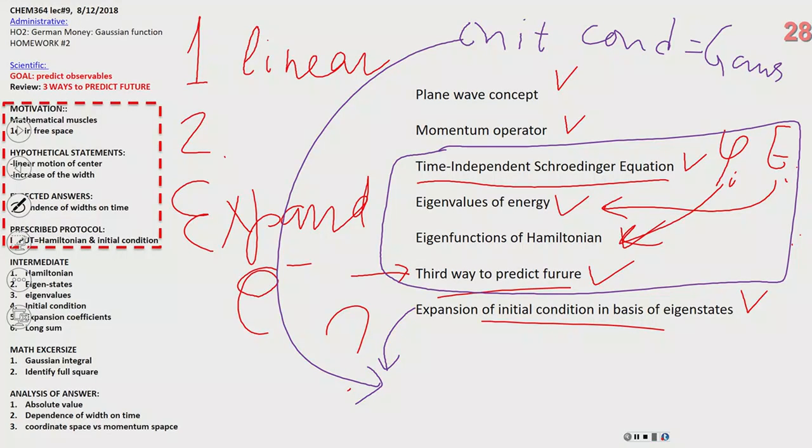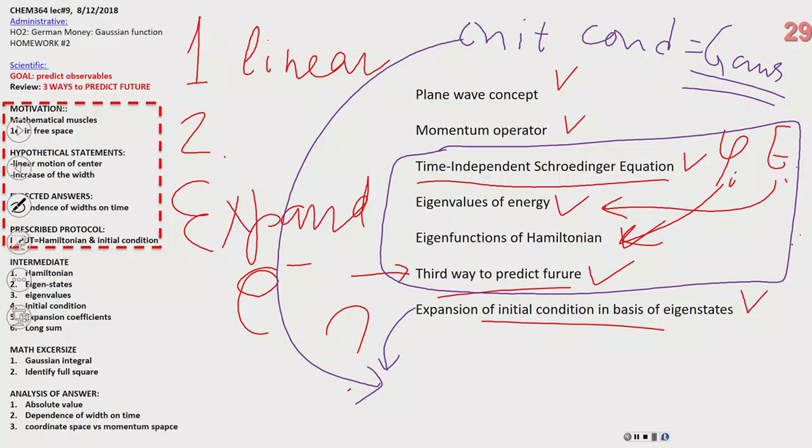Our initial condition will be a Gaussian function. So before we go through this plan, we will need to formulate a Hamiltonian that doesn't have potential energy, only kinetic energy. And this will be really easy.